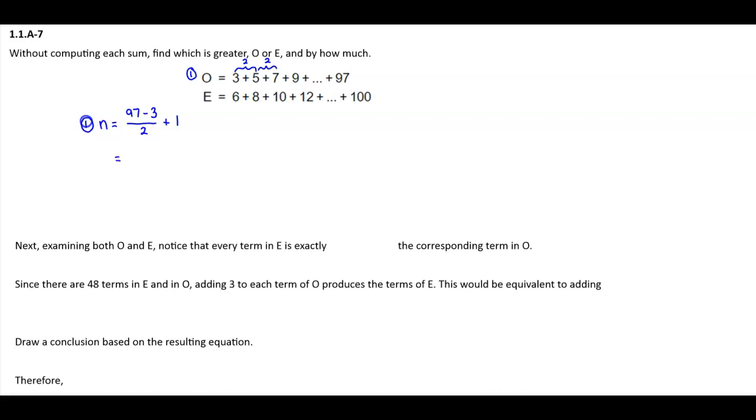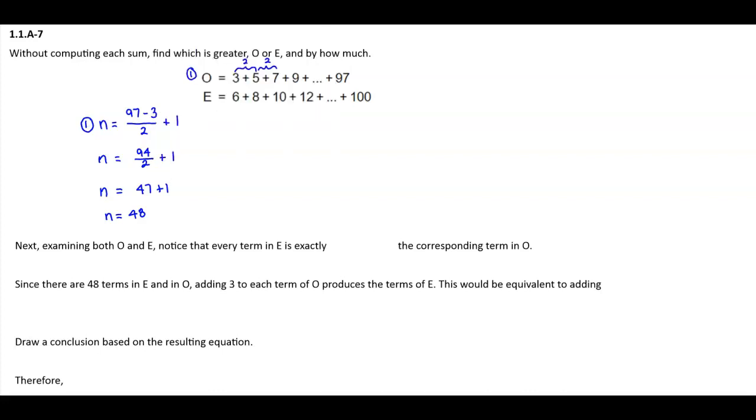So therefore, we get N equal to 94 divided by 2 plus 1. And therefore, N is going to equal 47 plus 1, and the number of terms is 48.